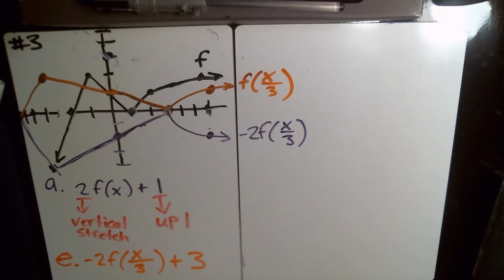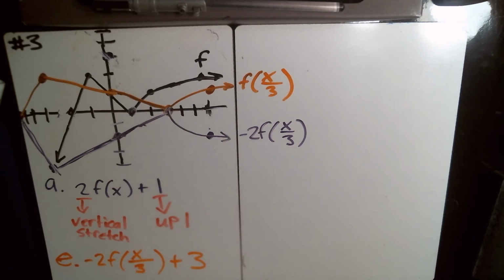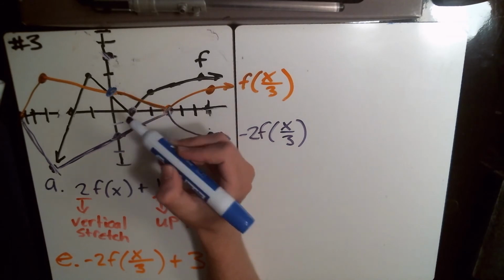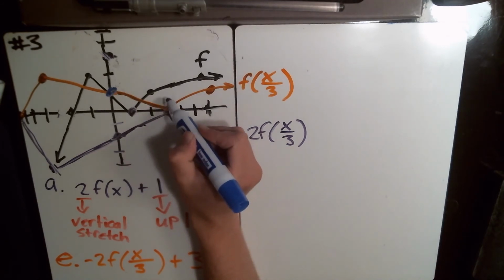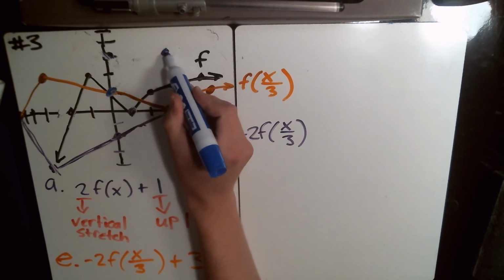And then lastly, how do you get the plus 3 on the end? What does that do? That moves us up 3. So I would just take this graph that I have, the purple graph, and I'm going to move it up 3. So 1, 2, 3. 1, 2, 3.